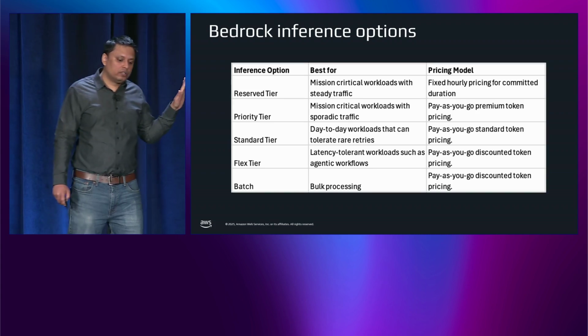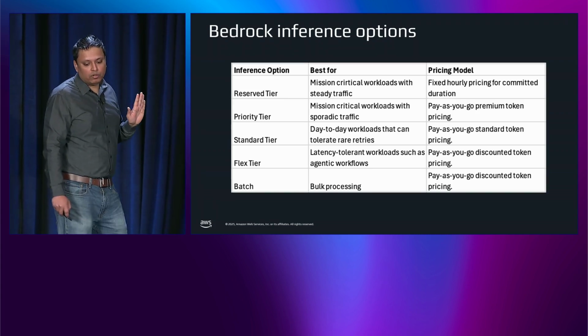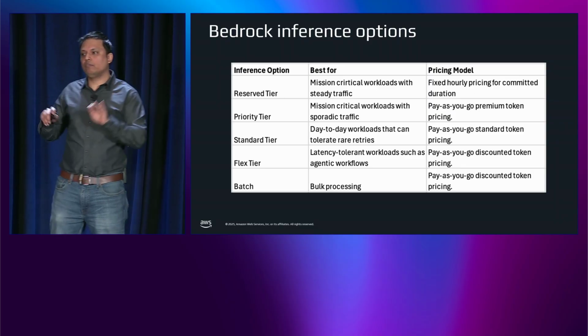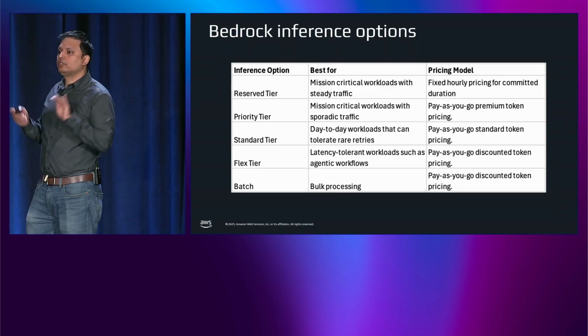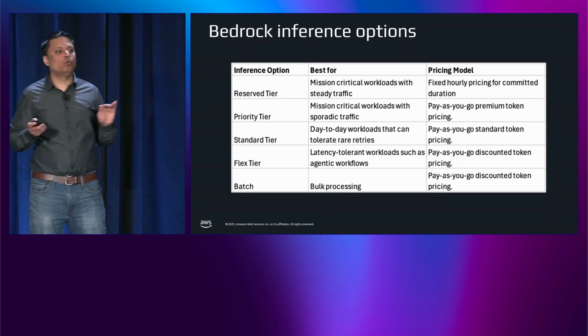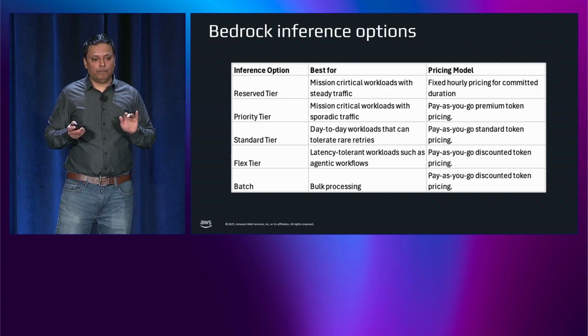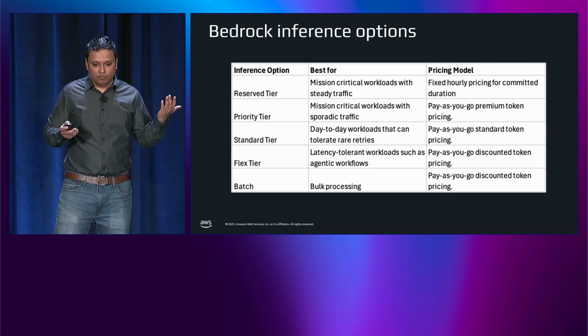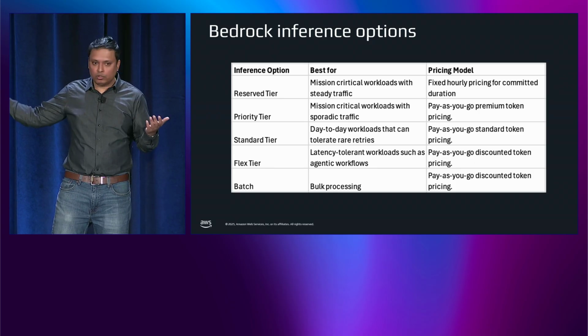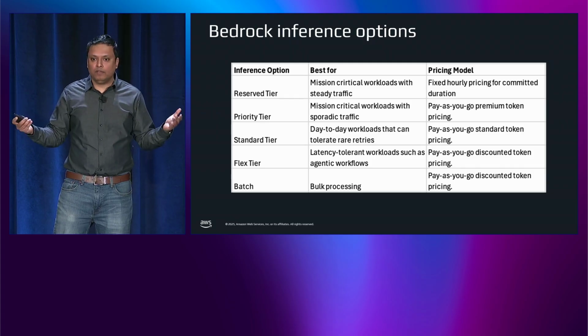So here, reserved tier, I would say, is for mission-critical workloads with steady traffic. I have a usage pattern, and I can reserve capacity for it, and there will be no wastage of cost. So you would do that for workloads such as the tax season at TurboTax, right? I know it's going to be heavy usage.